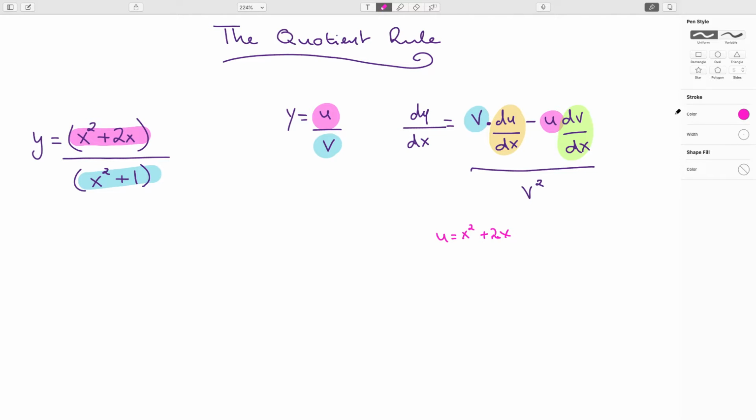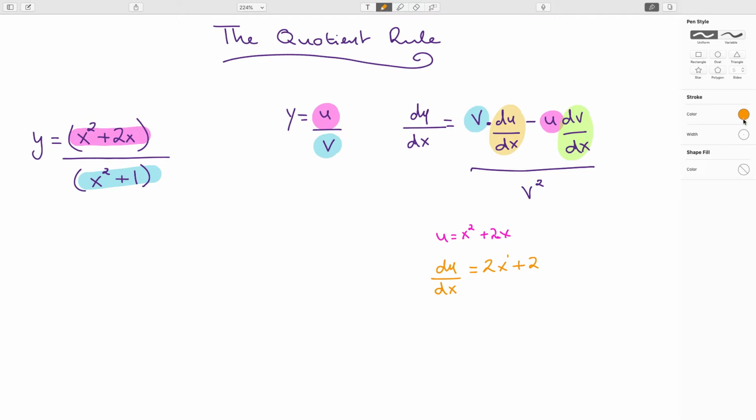And my du dx. If you remember, du dx means differentiate u with respect to x. So if I differentiate u here with respect to x, what I'll get is 2x plus 2, because remember, multiply down by the power, take 1 off the power. So it becomes 2 minus 1, which is 1.